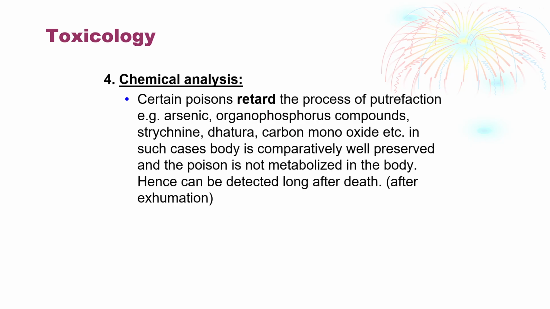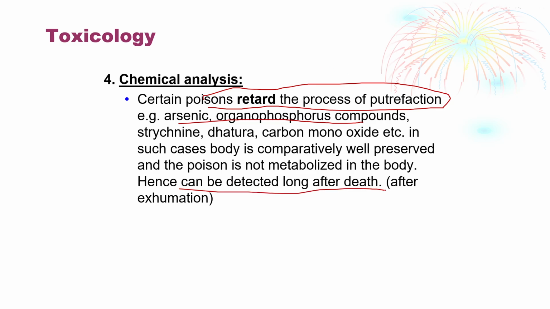Chemical analysis: there are different poisons that retard the process of putrefaction, for example arsenic, organophosphorus poisons, datura, and carbon monoxide. Since they retard the putrefaction process, the evidence remains safe. If the evidence is safe, that will help us in diagnosing poisoning in the dead as well.